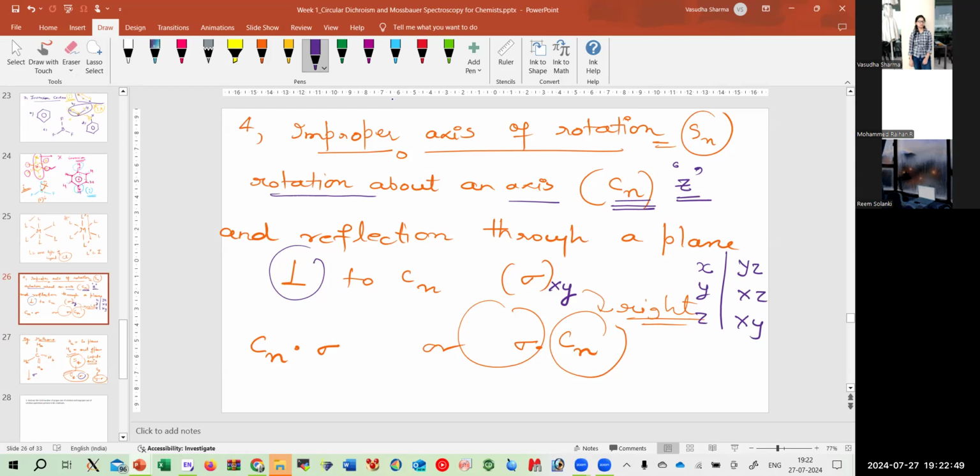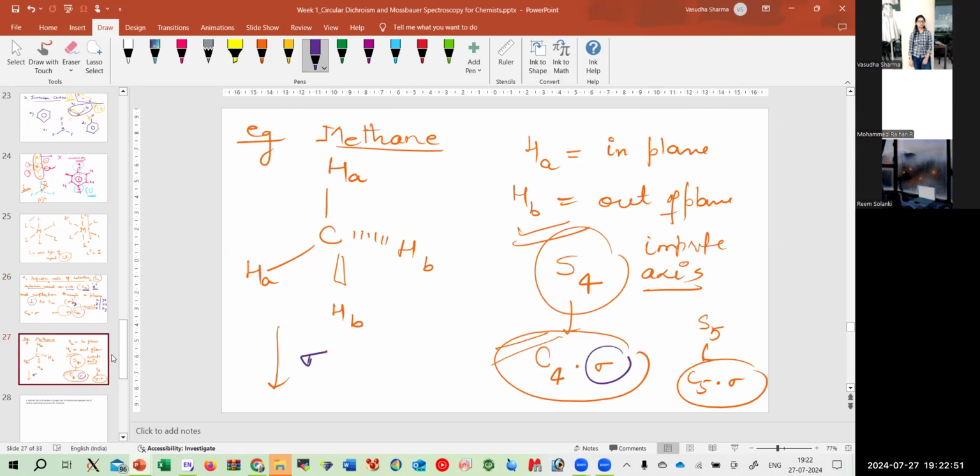Yes, ma'am. Okay. So now here I am talking about S4 along the Z direction. That means C4 is along Z direction, and the sigma perpendicular to Z becomes XY. Now considering the C4 Z passing through your carbon, we are expecting to have a sigma XY.